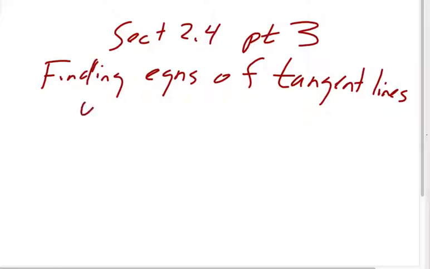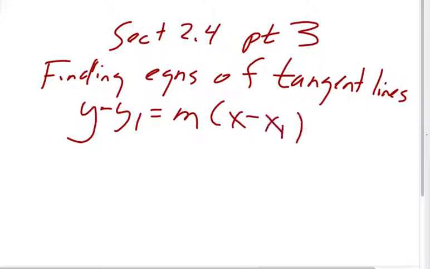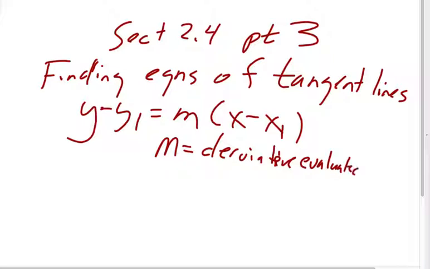Remember the tangent line we're dealing with: y minus y1 equals m times x minus x1, where m is our derivative evaluated at x1.